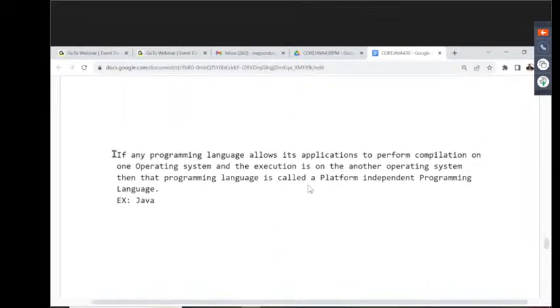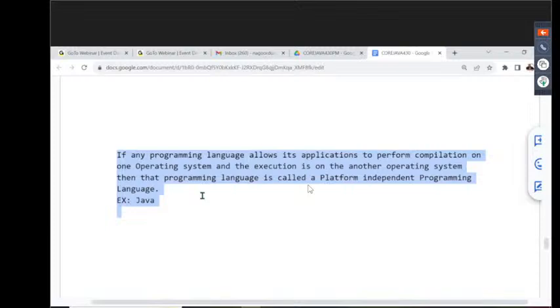What is a platform independent programming language first? What are you understanding about the platform independent programming language? If any programming language allows its applications to perform compilation on one operating system and execution on another operating system, then that programming language is called a platform independent programming language.